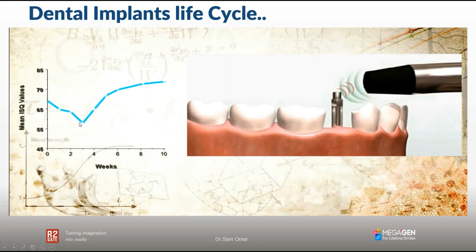The reason is that we start to lose that mechanical stability at the beginning, and now this is the peak of transformation from mechanical stability to what we call biological stability. So secondary stability of the implants is not mechanical, it's more biological in nature. And this is one of the things that using ISQ actually enabled us to know.